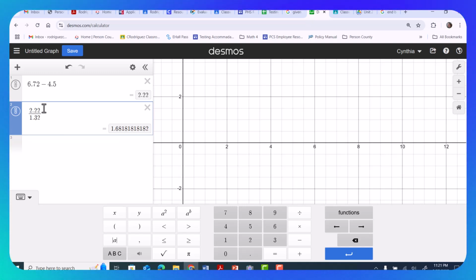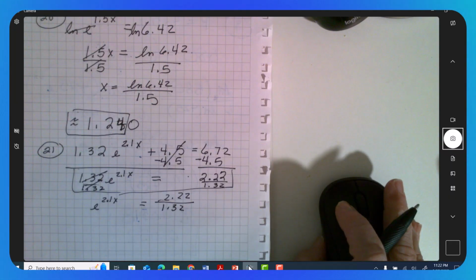Maybe I'll just leave it like that because that decimal is repeating. We'll come back to that in a second.